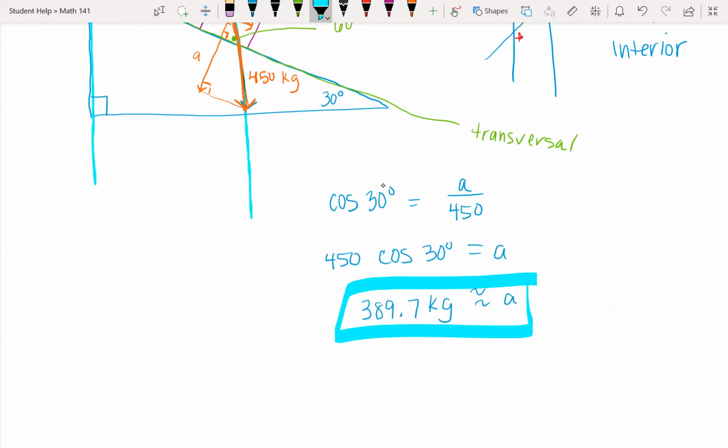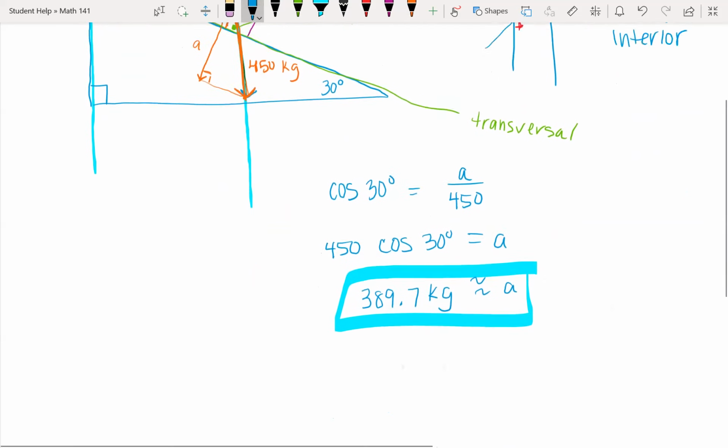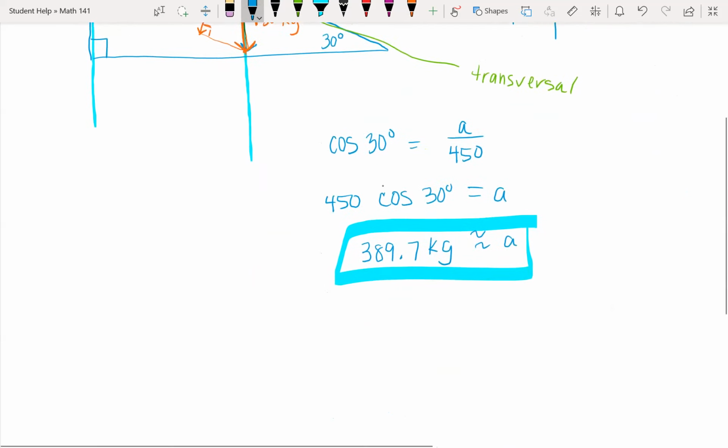All right, following that same logic, we can find the other component, which is going to be parallel to the ramp. So the sine of 30 degrees is going to be the adjacent side, B, over the hypotenuse, 450.